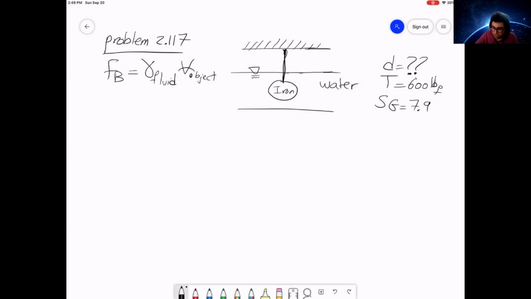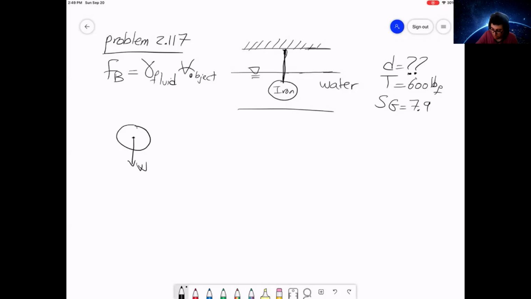So how would you approach this problem? First thing, we have to draw a free body diagram, right? Imagine this is your iron ball, and what are the forces acting on it? You have weight at the centroid. And what else?